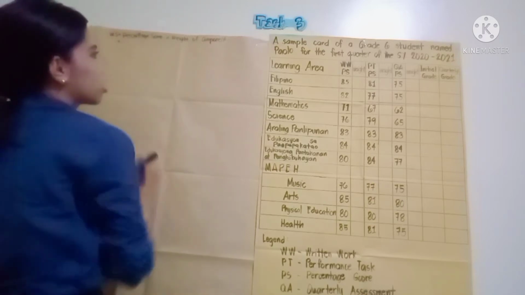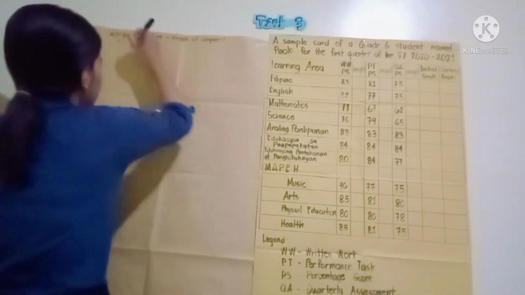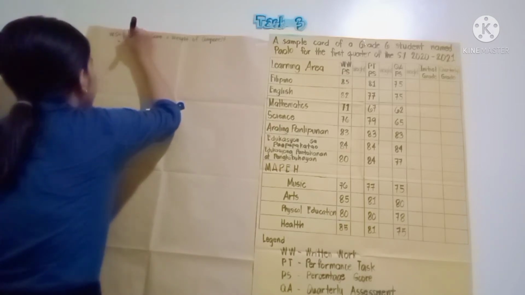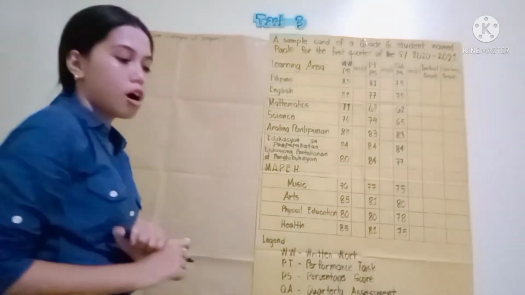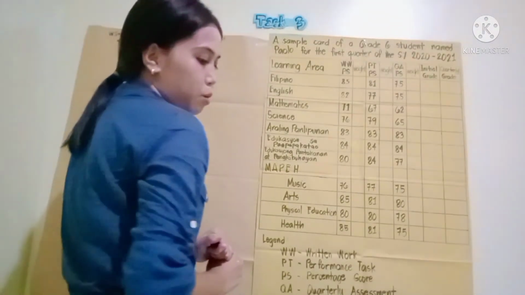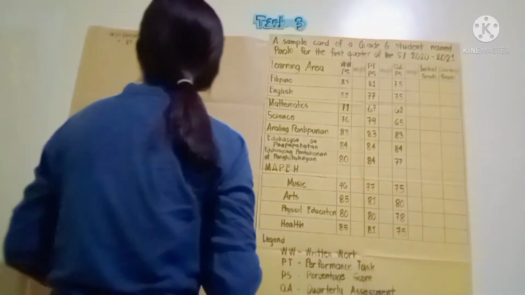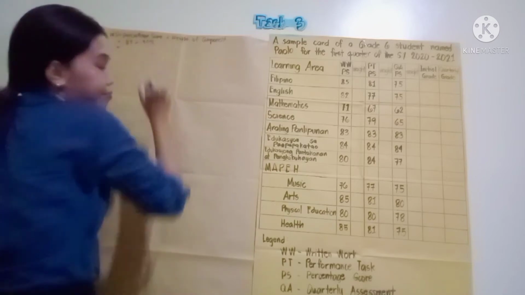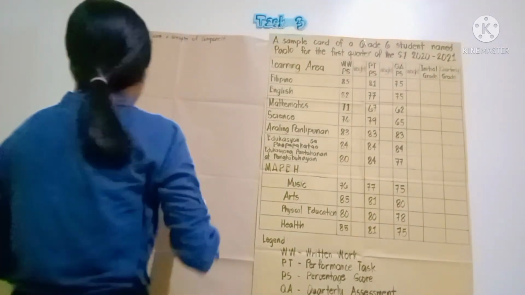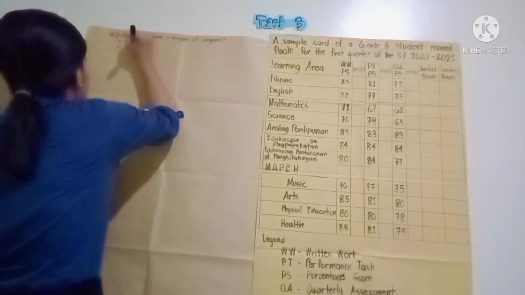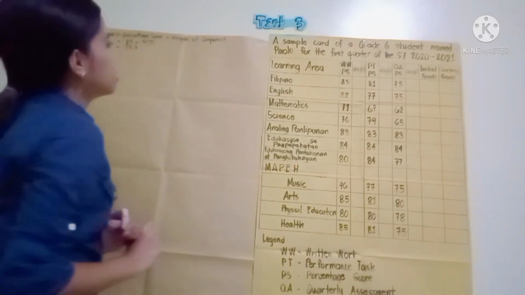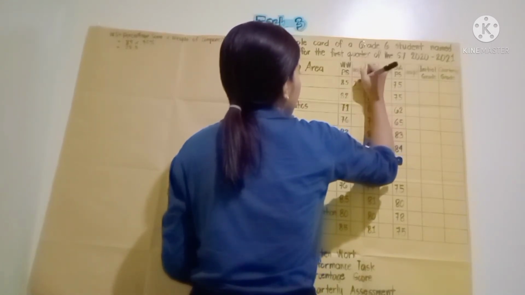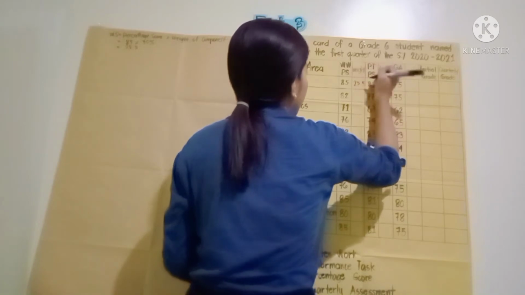So Paulo's weighted score for the written work in the Filipino subject is 85, multiplied by the weight of component for the written work, which is 30%, equals 25.5. So his weighted score is 25.5.